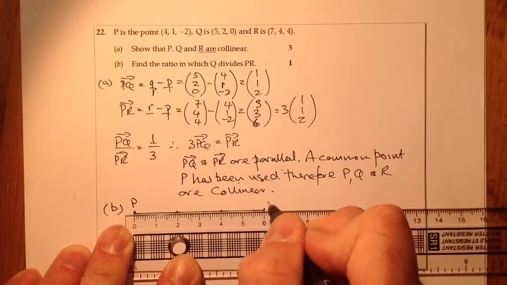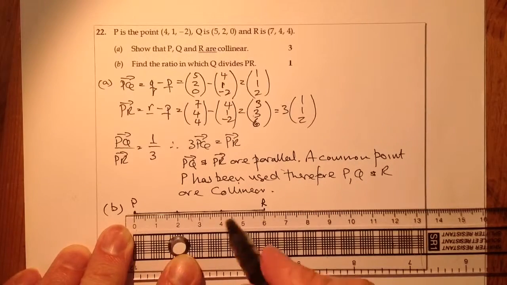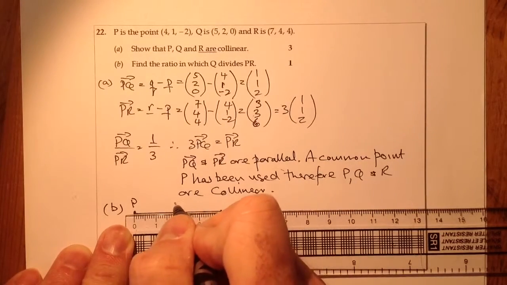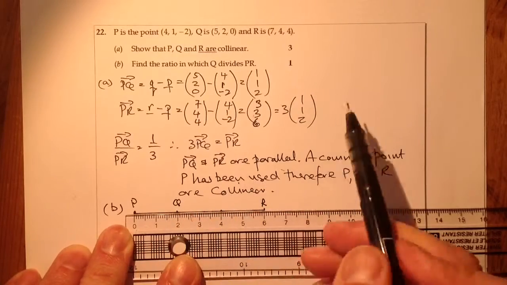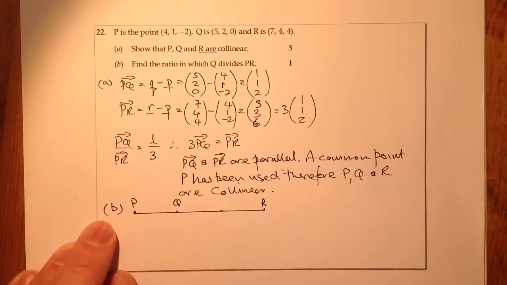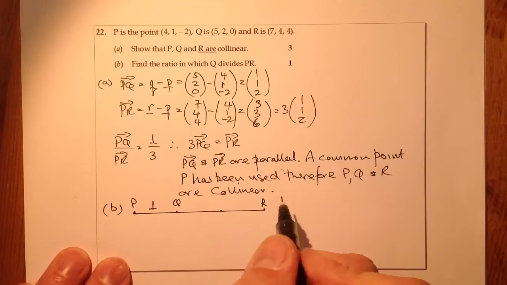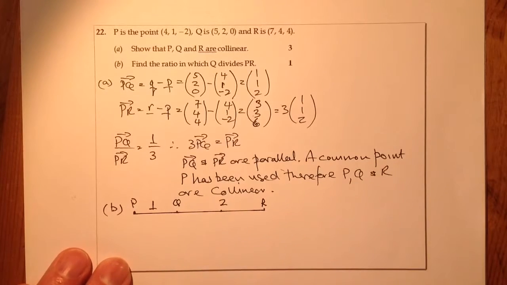So I know that this will be R along at the end here, and I know that P to Q is going to be here, because that's 1 and that's going to be 3. So 1 there, 3 there, okay? So this size here will be 1, and between Q and R would be 2.